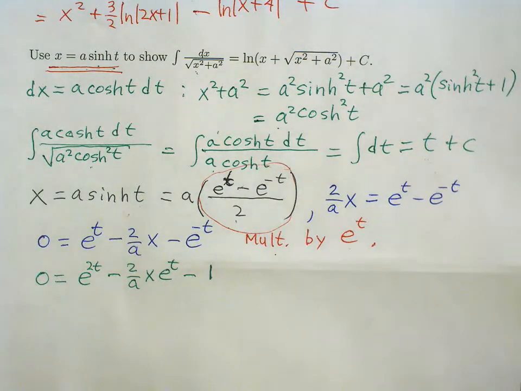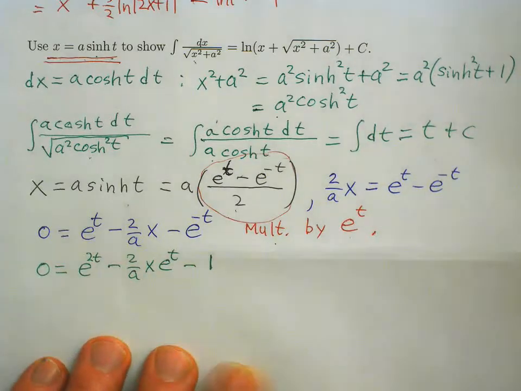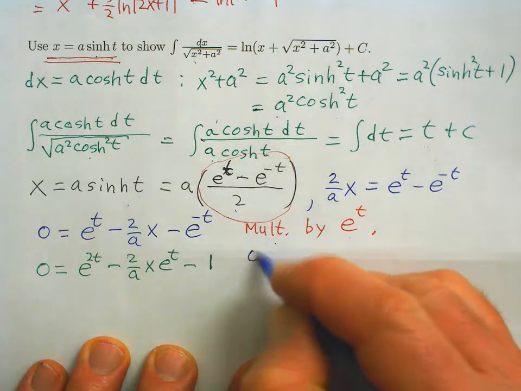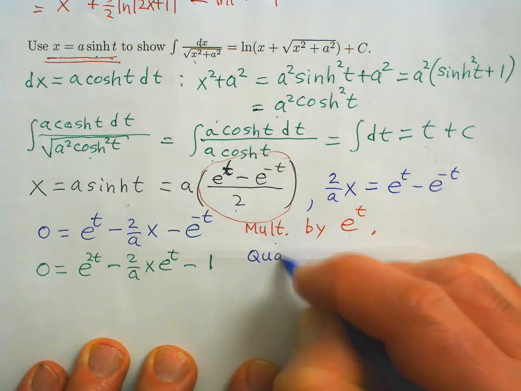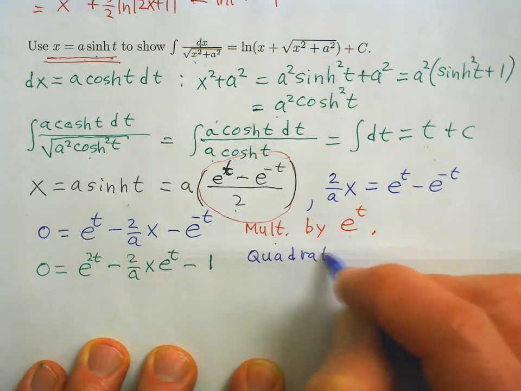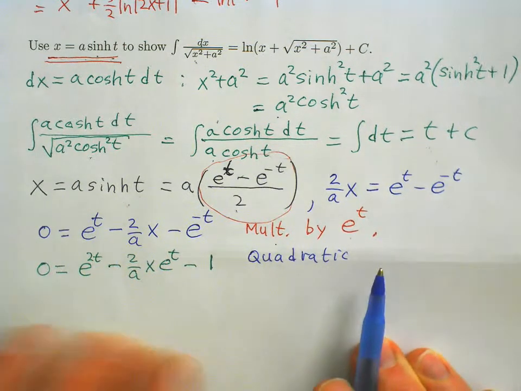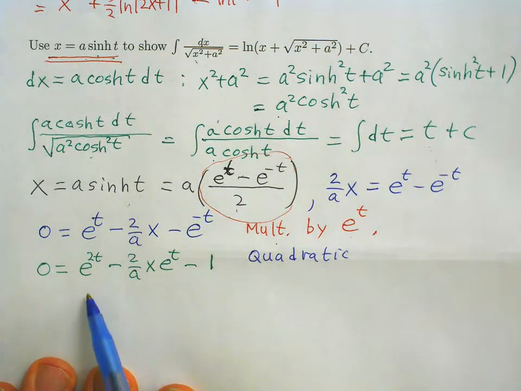Okay, this equation is called quadratic in form. Equations that are quadratic in form have some variable part squared.